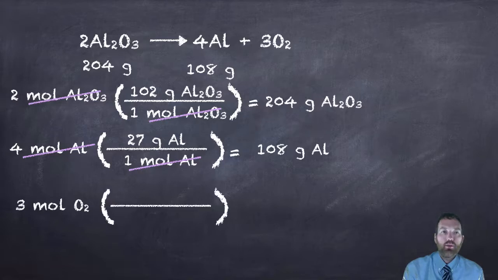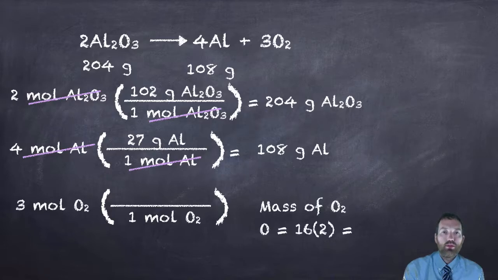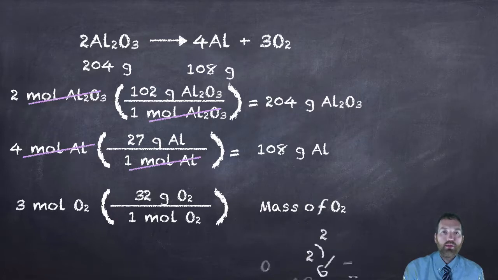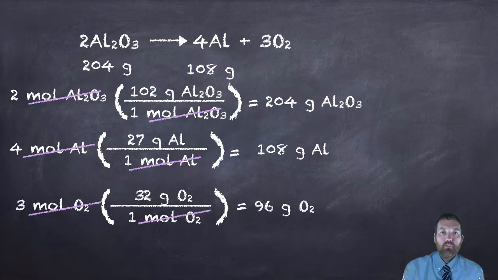So we'll set up another bracket, put moles on the bottom so it will cancel off, and put the grams of oxygen in 1 mole of oxygen. Remember, oxygen is O2, so 16 times 2 is 32 grams. 3 times 32 is 96. Okay, so if 108 plus 96 is equal to 204, you know you are correct.